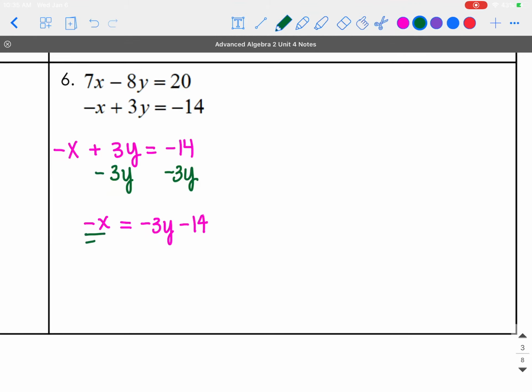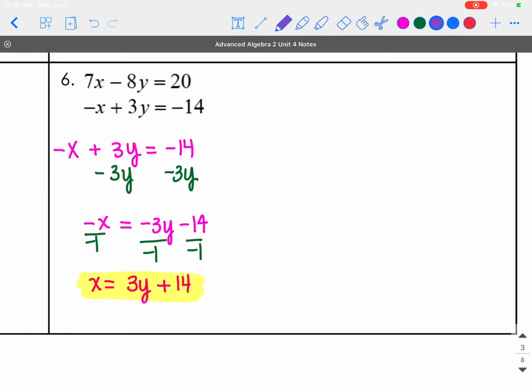And then I can divide by -1. And that gives me x equals 3y plus 14. So let's highlight this.